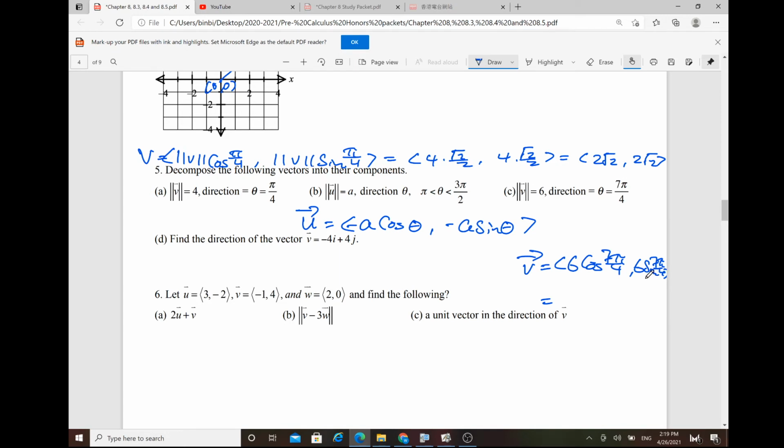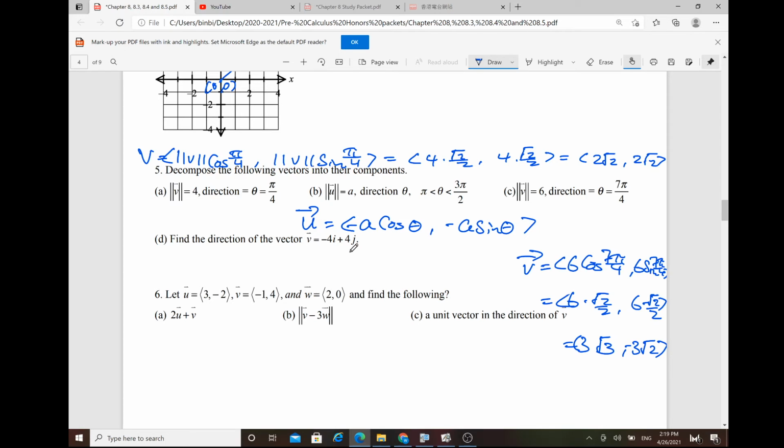Cosine of 7 pi over 4 is root 2 over 2, so 6 times root 2 over 2. Sine of 7 pi over 4 is negative root 2 over 2. And then eventually it's 3 root 2, comma, negative 3 root 2. Okay, so it's in quadrant 4.